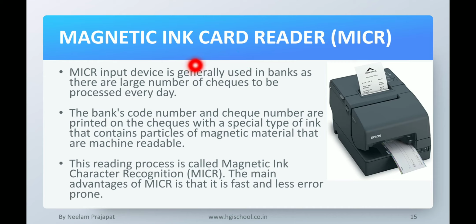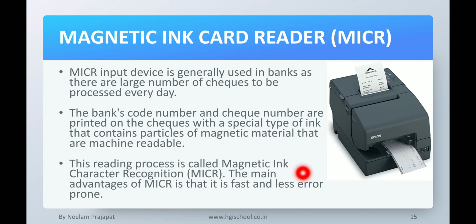Magnetic ink character reader, MICR. MICR is an input device generally used in banks as there are a large number of checks to be processed every day. The bank code number and the check number are printed on the checks with a special type of ink that contains particles of magnetic material that are machine readable.